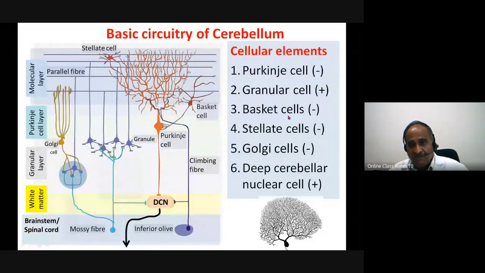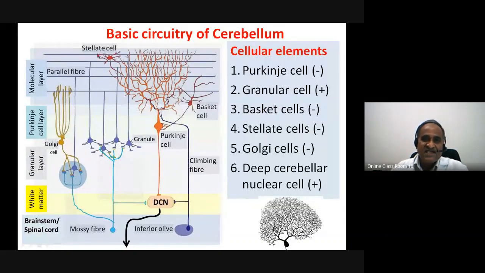Then after the granular cell, there are basket cells. This is a basket cell. It is in a slightly deeper aspect of the molecular layer, it has synaptic contacts with these parallel fibers, and its output axons reach the soma of the Purkinje cell.